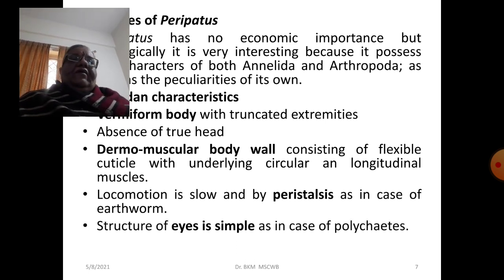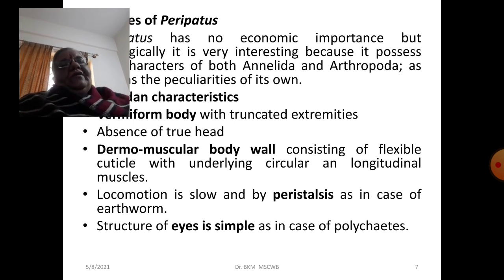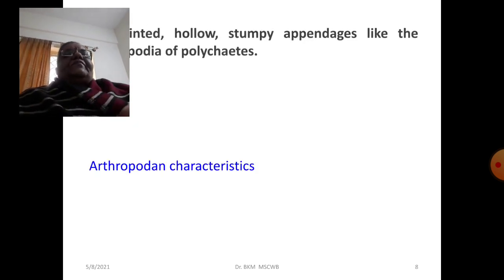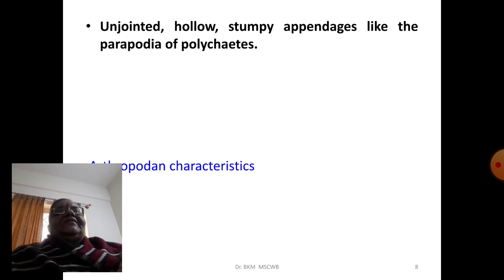Then, the structure of eyes is simple, as you see in polychaetes, a group in annelids. Then, very important, unjointed, please note, unjointed, a non-arthropodal character, hollow, stumpy appendages, almost like the parapodia of polychaetes.